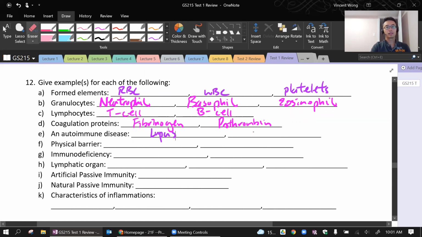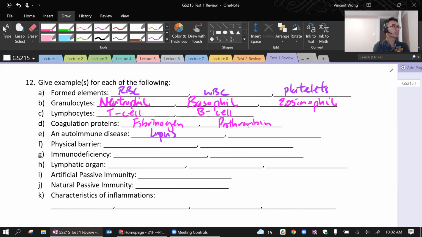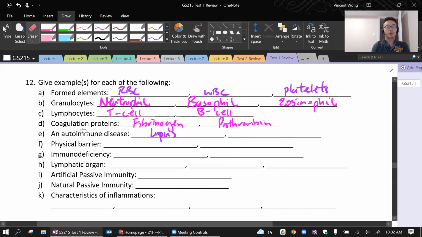Would sickle cell be autoimmune? Which one, sorry? Sickle cell? No, sickle cell anemia is a genetic disorder, a mutation. Yeah, good try though. So, someone else? What are the examples we used in class? Anybody? Rheumatoid arthritis? Yep, that's another one.